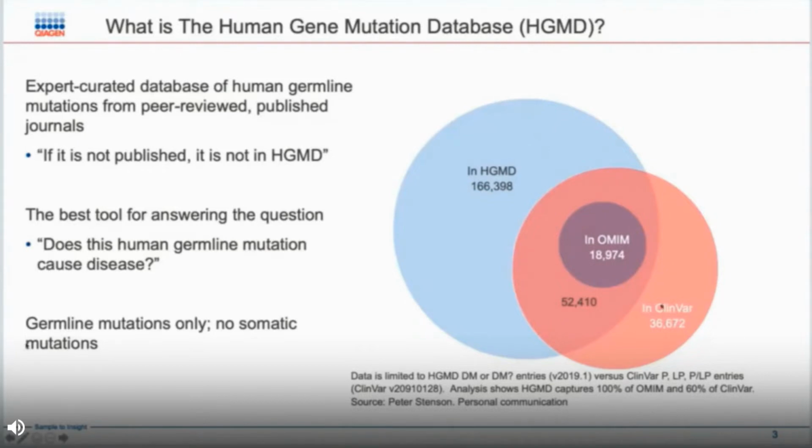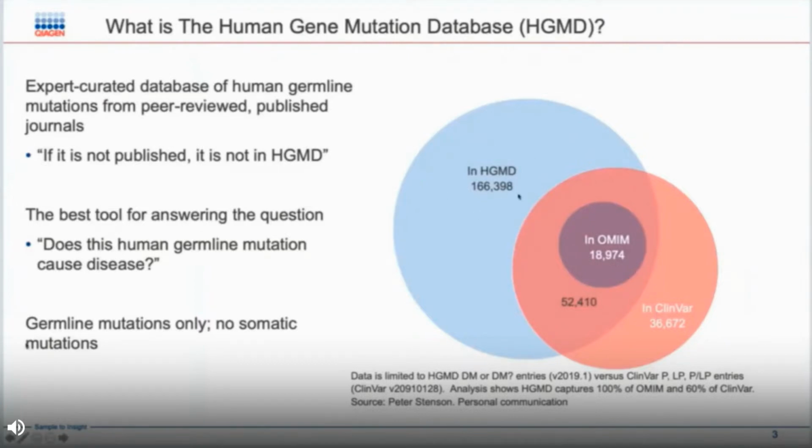The remaining 36,000 are likely not in HGMD because ClinVar does not necessarily require users who are submitting their clinical assertions about a variant to have specific guidelines for evidence to support that assertion. And so we like to say, if it's not published, it's not in HGMD.